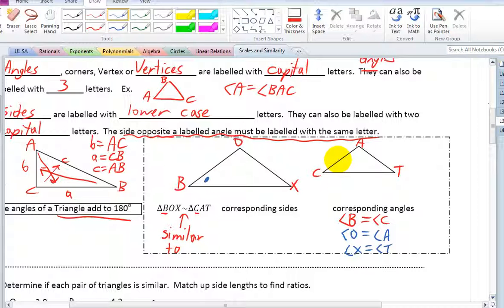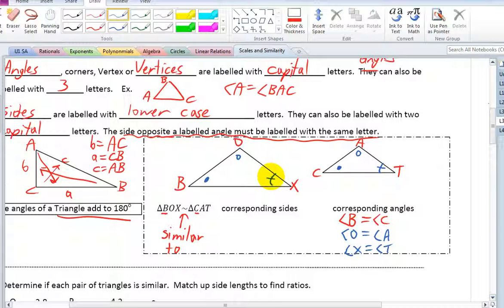A dot for angle B means angle C must have a dot because they're the same size. If O had an open circle, A must also be marked the same. For angle T, let's use an angle symbol with a line, then X would be an angle symbol with a line. So you can look for same markings to show that angles are equal.